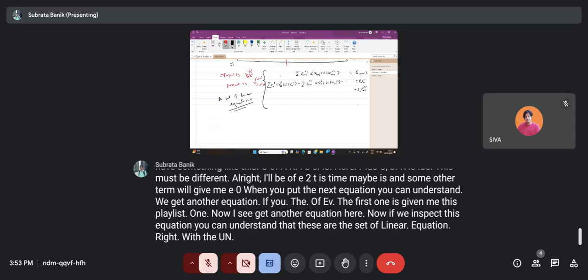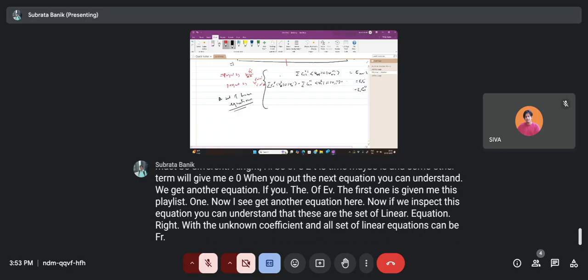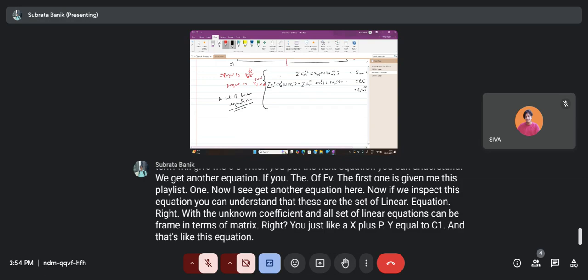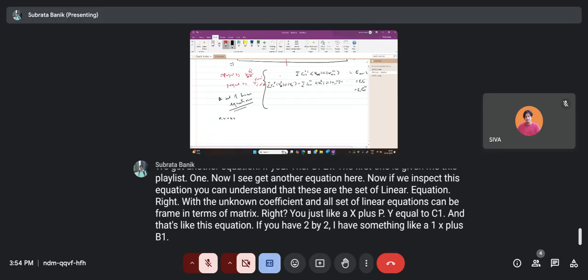With the unknown coefficients. And all sets of linear equations can be framed in terms of matrix, right? It's just like ax plus by equal to c1. If you have 2 by 2, I have something like a1 x plus b1 y equal to c1. I have a2 x plus b2 y equal to c2.